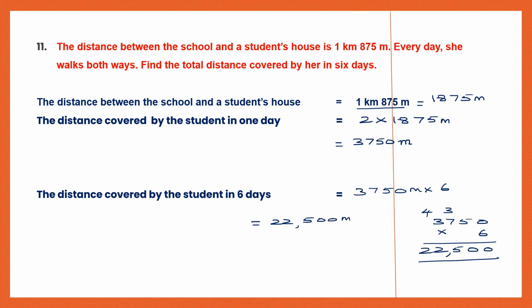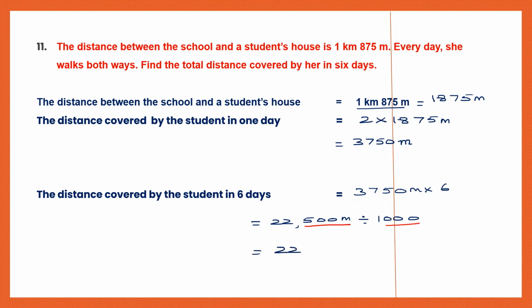So this is 22,500 meters. Now let's convert this to kilometers and meters simply by dividing this by 1000. When you divide by 1000, remember 1000 has 3 zeros, so the last 3 digits will become meters and the rest of it will become kilometers. So this will be 22 kilometers and 500 meters.